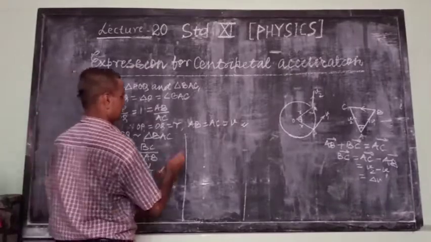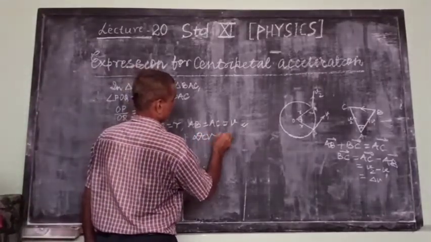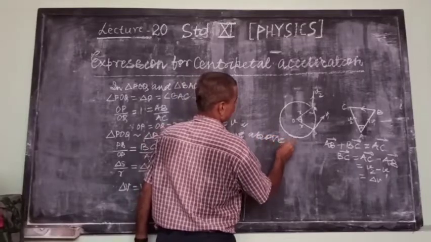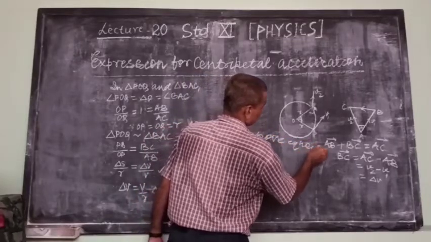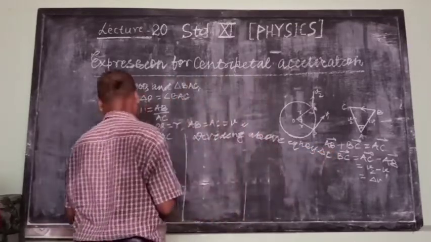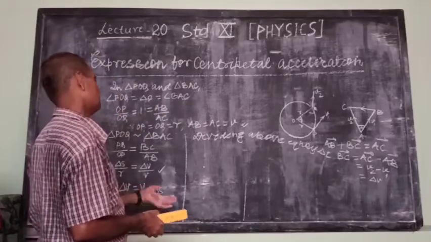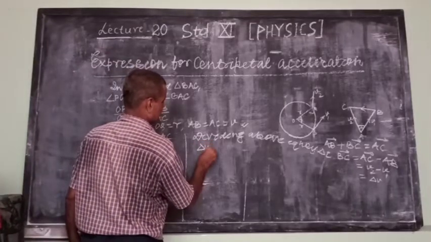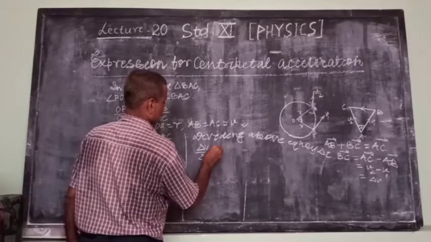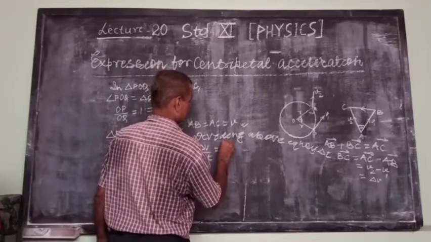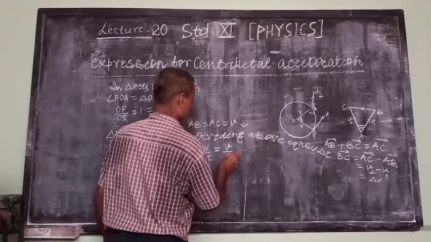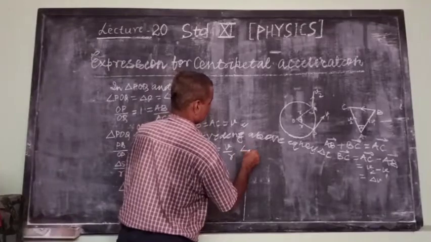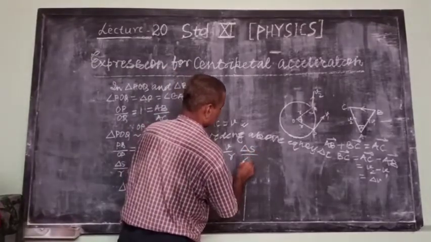Now I am going to divide the above equation by delta T, dividing both the sides by delta T. So this will be delta V by delta T, and this is equal to V by R into delta S by delta T.